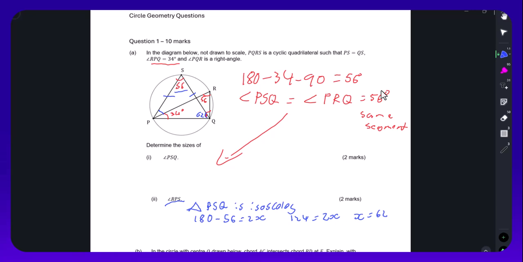So that angle in there will be 62, and this angle here will be 62. But obviously we only want this little one in here. Therefore it's going to be 62 minus 34 for that angle. So 62 minus 34 equals 28 degrees. So that's the answer for that one.